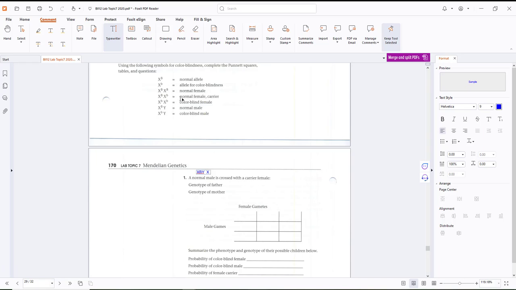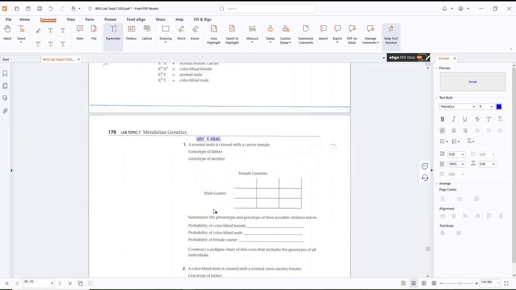So the carrier female would be X big B, X little b. Okay, so what's the genotype of the father? He's X big B, I don't put anything on the Y, and then the mother is X big B, X little b. Okay. So this is a normal monohybrid cross, so I don't do any FOIL.